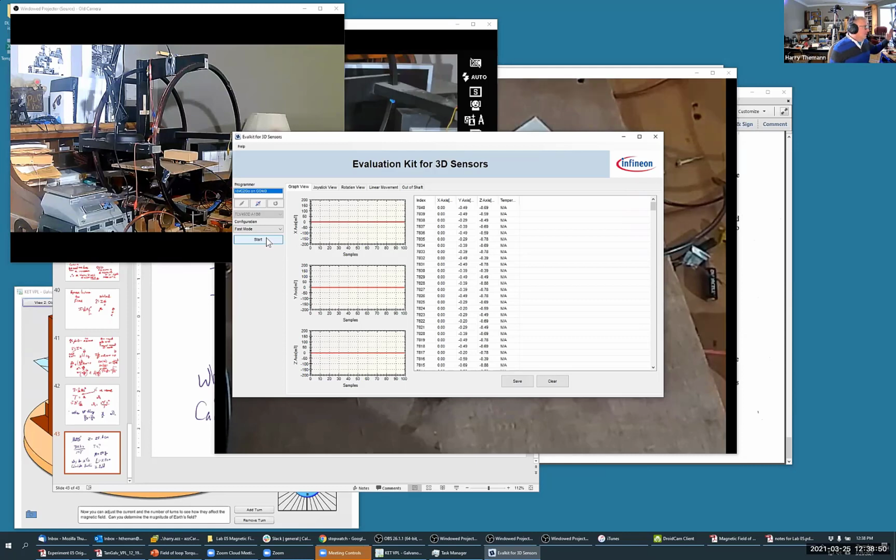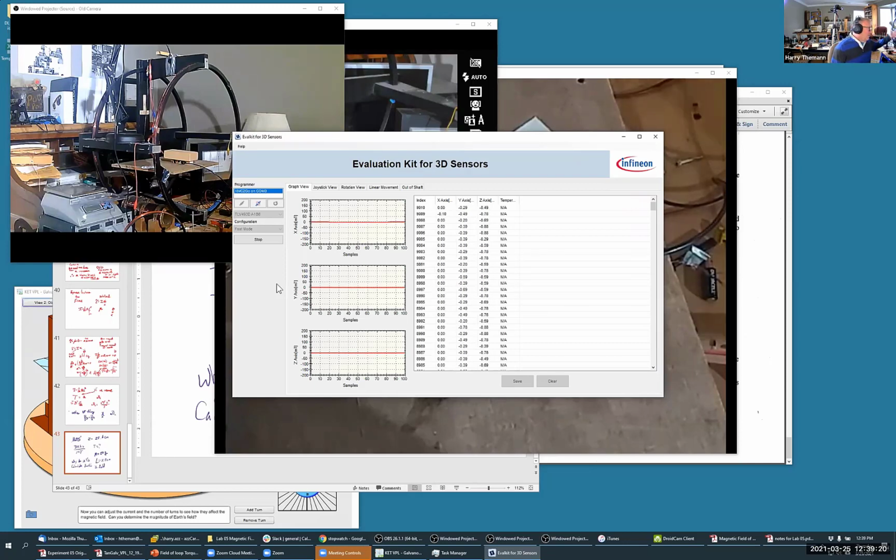So I've turned on a magnetic field that I know is only in the horizontal plane. So that means that when I turn it on, I may see a reaction in all three coordinates, but the two that have the greatest reaction, and that's x and z, those two represent the horizontal plane.